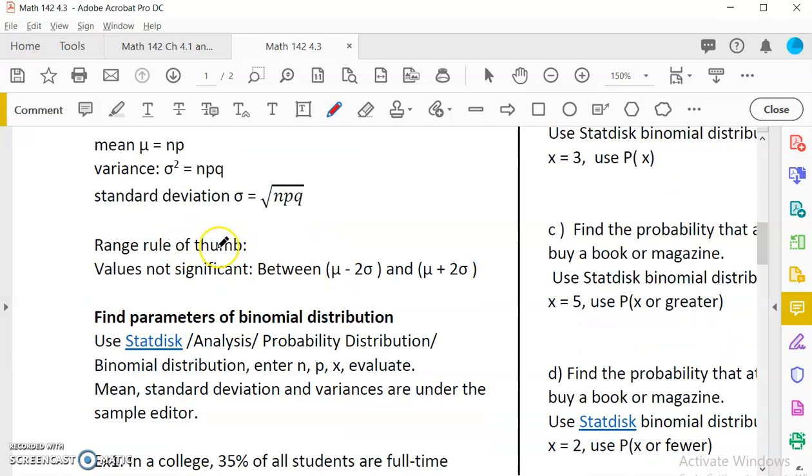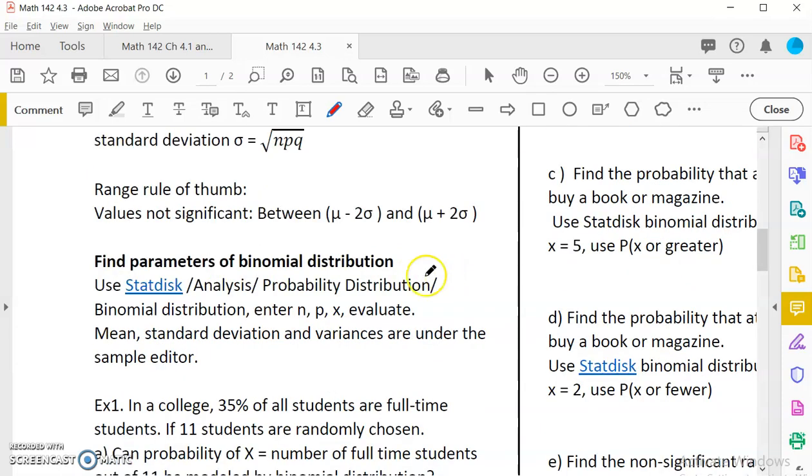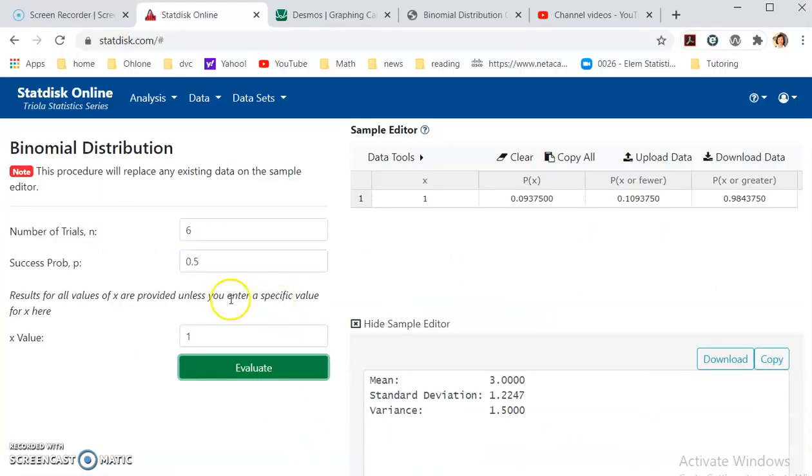And then the range rule of thumb for what is not significant is usually mu minus 2 sigma to mu plus 2 sigma. But if you don't want to calculate this by hand, StatDisk actually shows these also. If you go here, you will see at the bottom that the mean is 3, the standard deviation is 1.2247, and the variance is 1.5. So they do show up here.